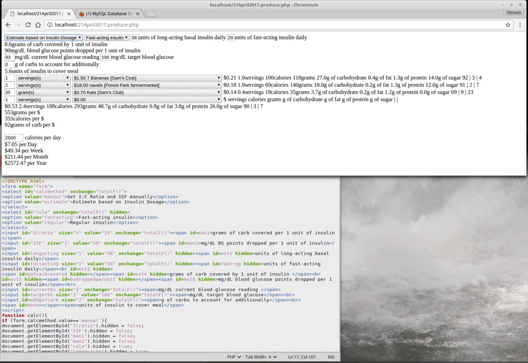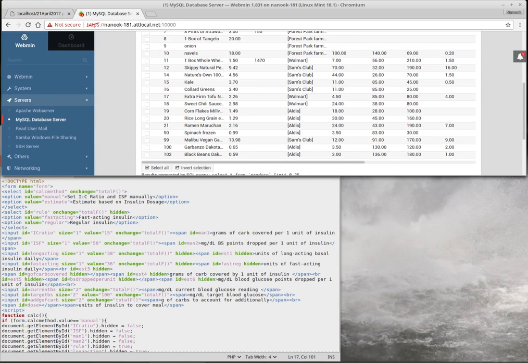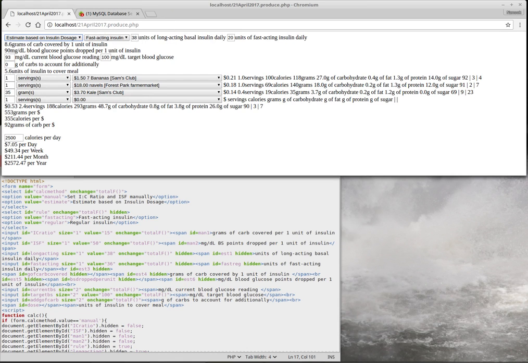And I don't know if anyone else is looking for something like this, or if they want to learn to program something like this, or if they want to be able to use something that makes it easy for them to calculate the number of insulin units they need to cover a meal, because this is something that I can just put on my phone and carry around with me, because it's just HTML.